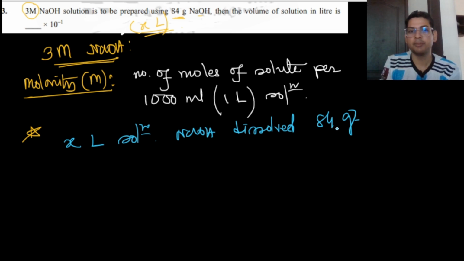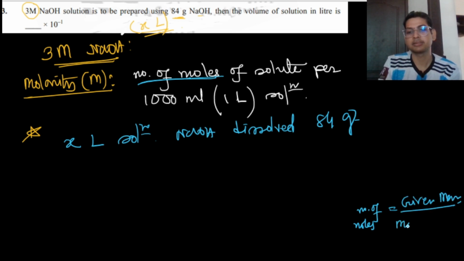But sir, the problem here is I don't want this as 84 gram. I want this as number of moles. So how to calculate number of moles? Number of moles is given mass by molecular mass.